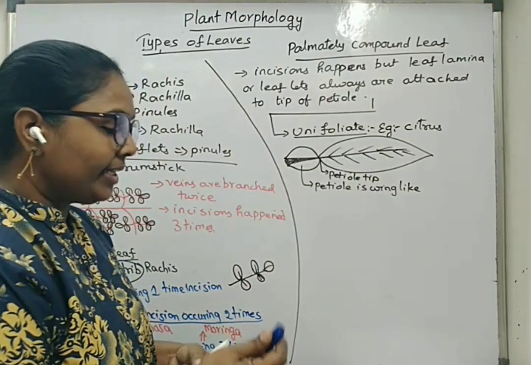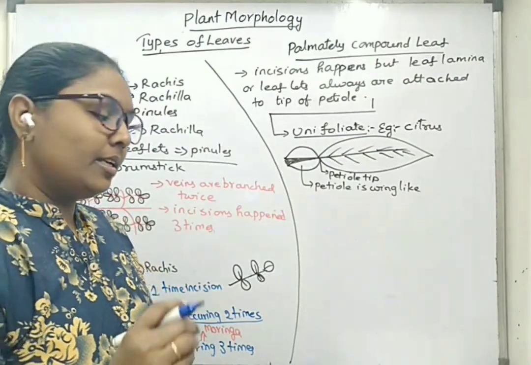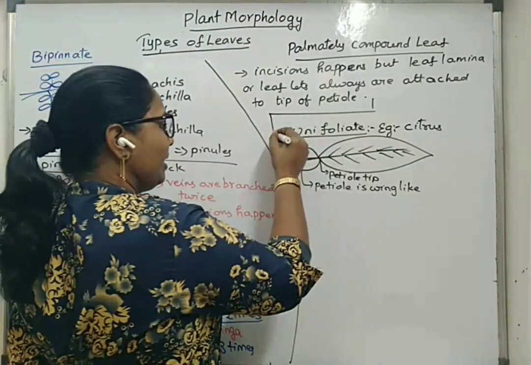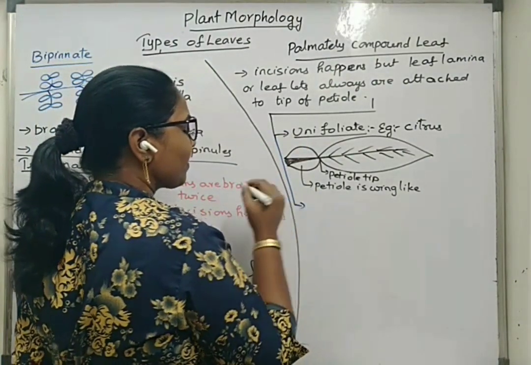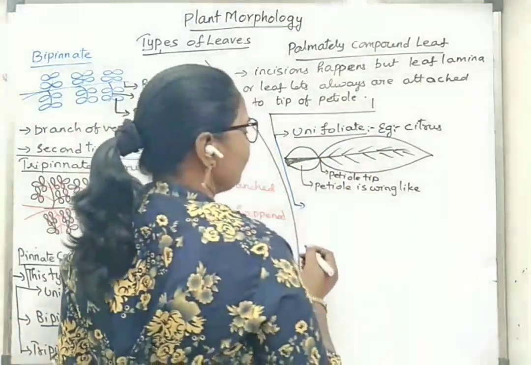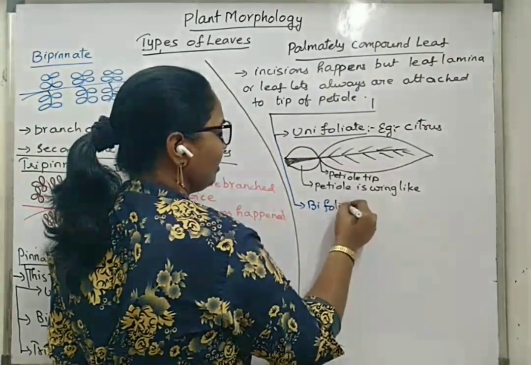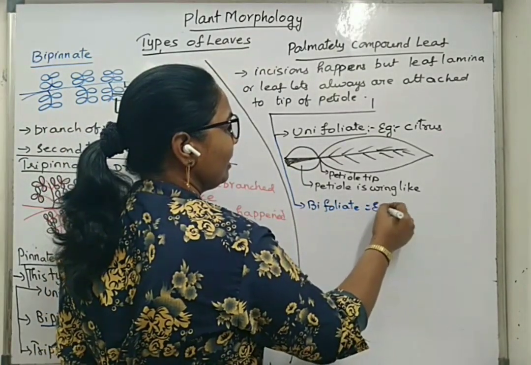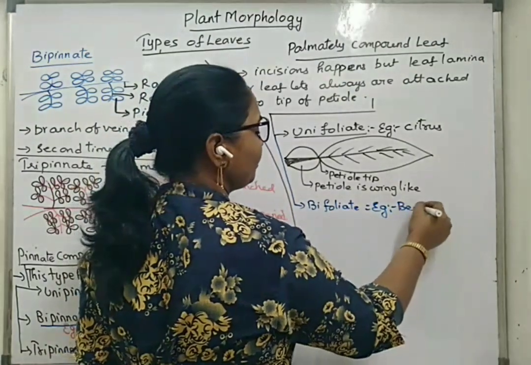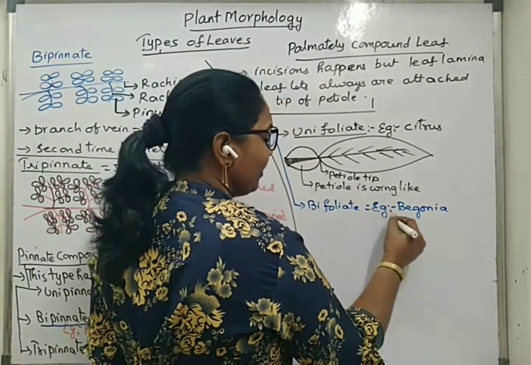Next, bifoliate. Incision happens and gives rise to 2 leaf-like structures. Those are also called leaflets, but the main midrib which is dividing here is still attached to the tip of the petiole. Bifoliate examples are begonia and hardwickia.